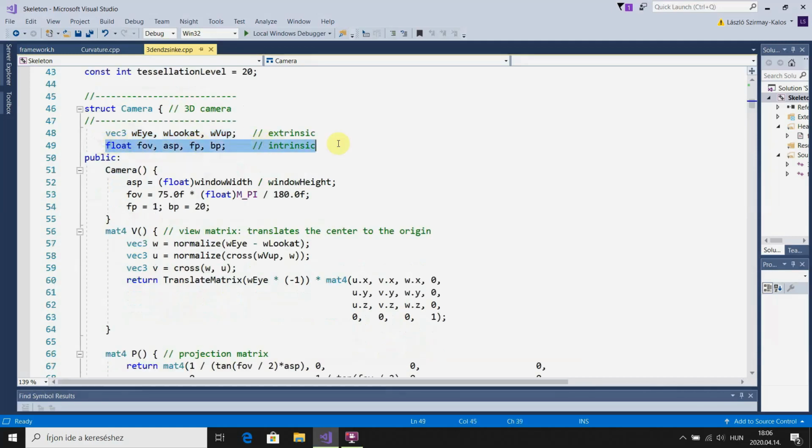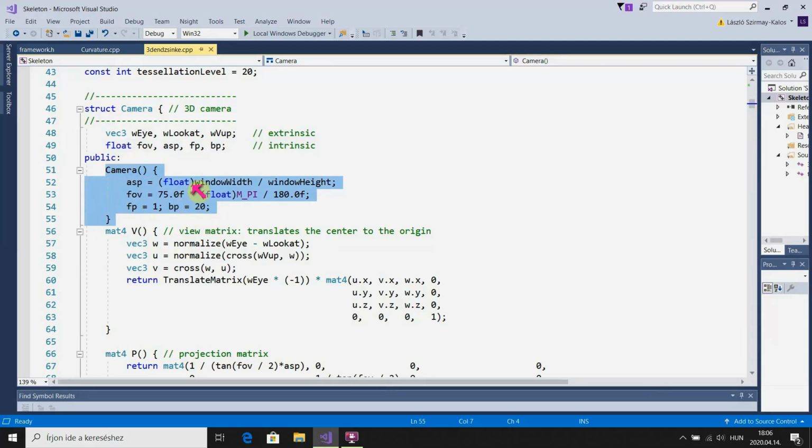The other group of parameters of the camera are called intrinsic or internal parameters, including the vertical field of view, aspect ratio, and the front and back clipping distances. In the constructor of the camera, these intrinsic parameters are set. During the application of this camera, in an object-oriented program, we usually need 2 functions.